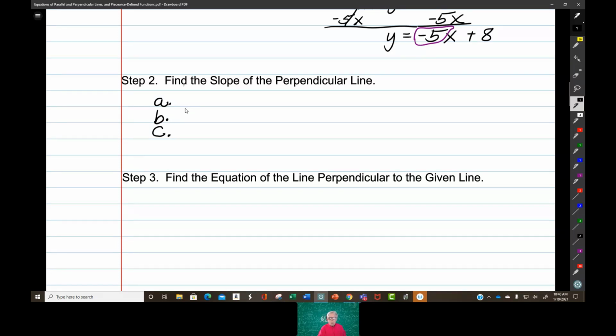Write the slope in step one as a fraction if it's not already a fraction.